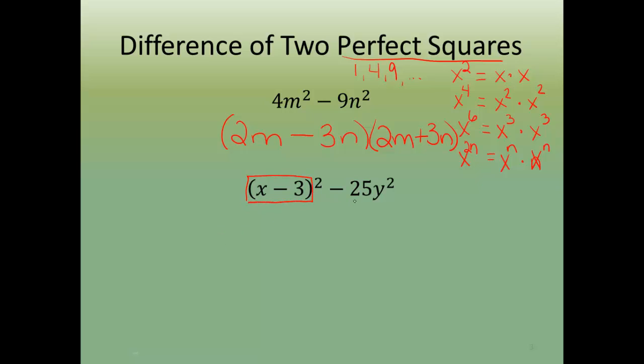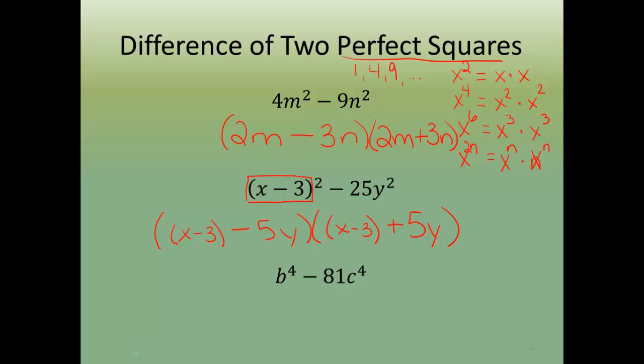So here is a perfect square, and then 25y squared is a perfect square. Use the same idea. I can take the x minus 3 minus 5y, and I can take an x minus 3 plus 5y.